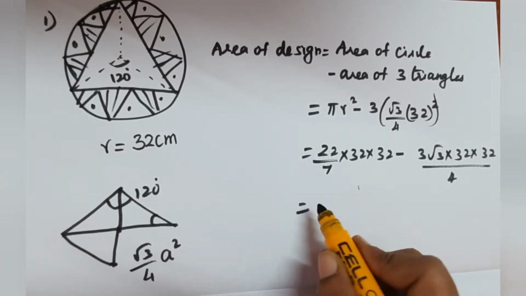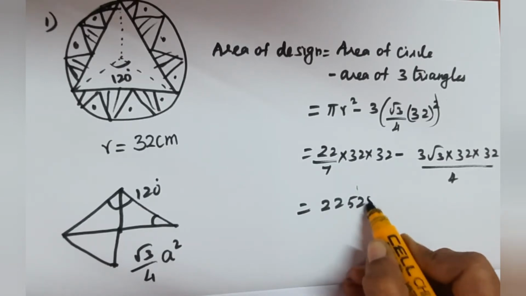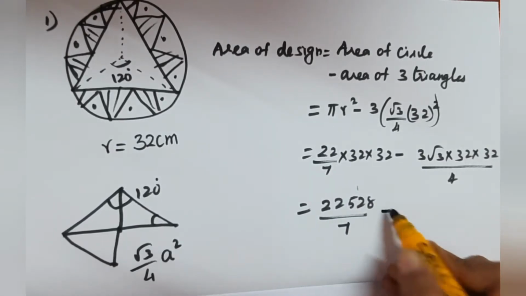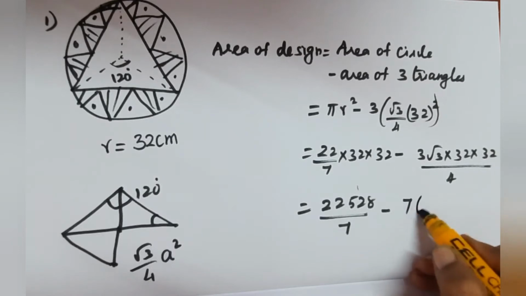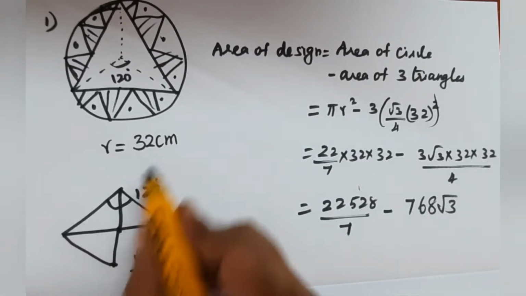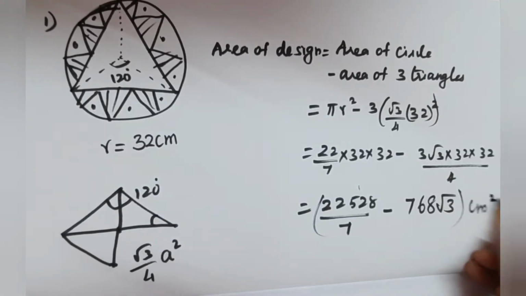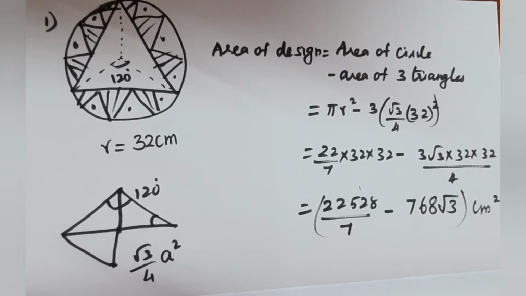After simplification, we are getting the answer as (22 by 7 minus 768 root 3). Measurement is centimeter. We can put the whole bracket and mention as centimeter square.